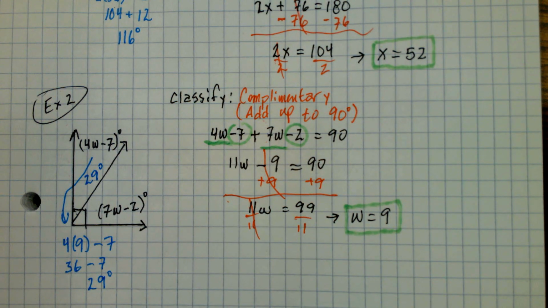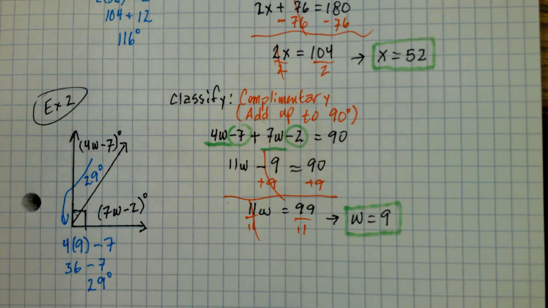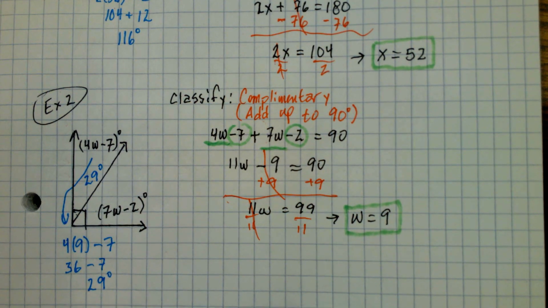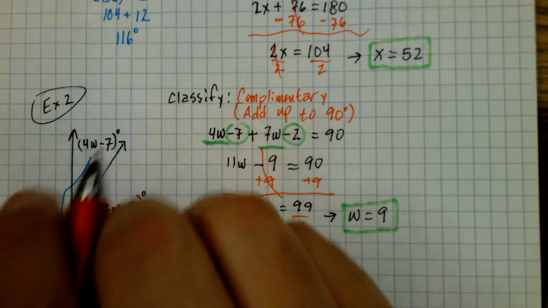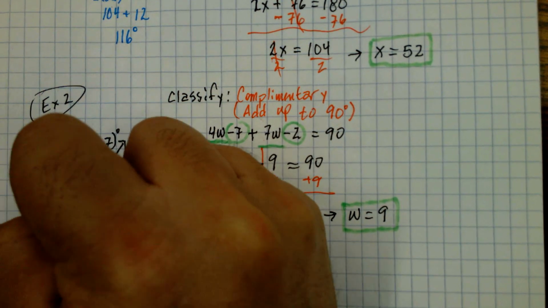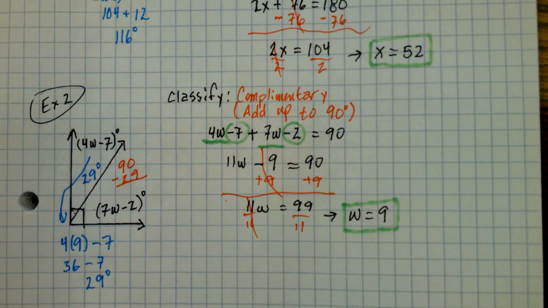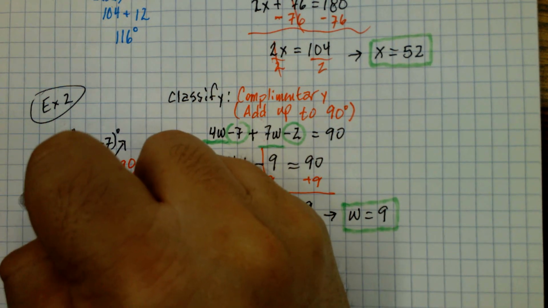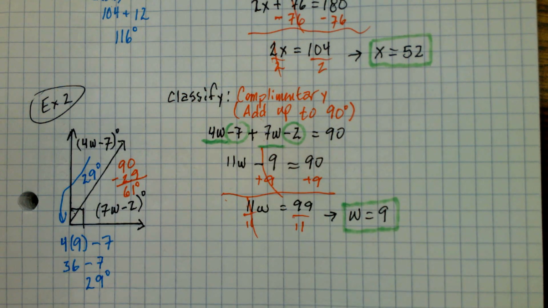Okay. How do we figure out this other angle? Yeah. We can plug it in again, right? Or we know this is 29. We know that together they make 90. 90 take away 29. Yeah, you get the same answer. We better get the same answer, but this is a little quicker, I think.